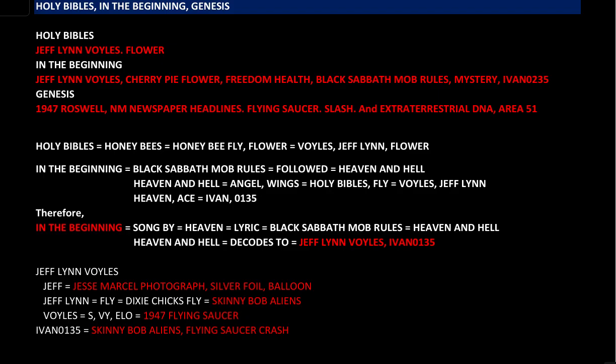So honeybees translates to voiles. Fly is a movie starring an actor named Jeff Lynne, and flower remains the same. Therefore, Holy Bibles equals honeybees. Honeybees fly to flower. Honeybees fly flower becomes Jeff Lynne Voiles flower.